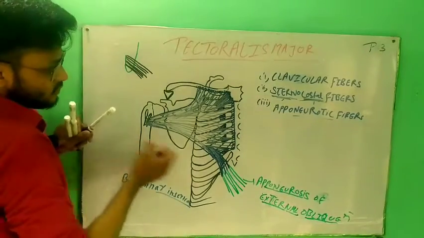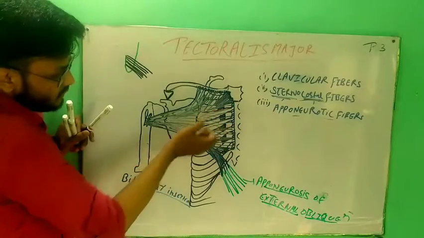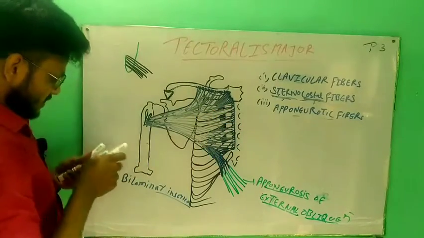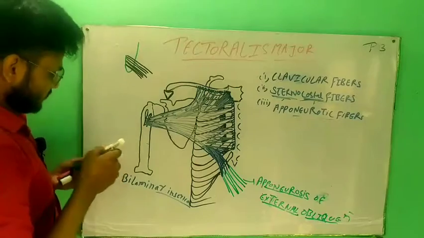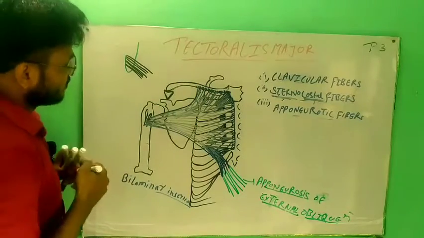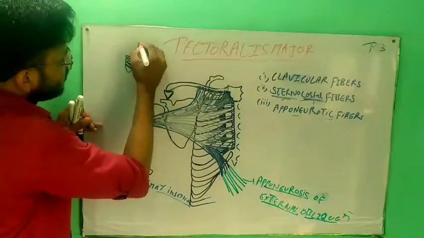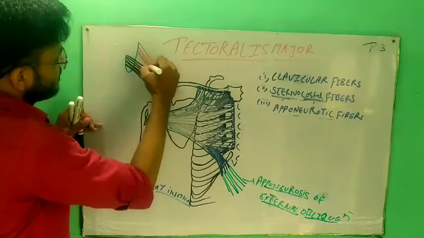And the remaining fibers, the sternocostal fibers and aponeurotic fibers, insert into the upper part of the posterior lamina.